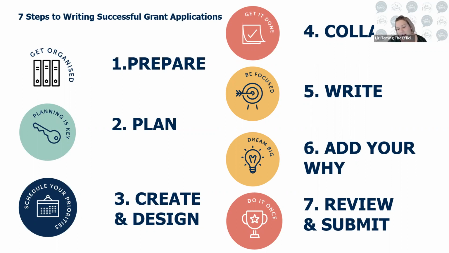So question there, yes, at what point do you follow up the result? Now, this is a good one. Quite often in the guidelines, it will say we're going to take 8 weeks or 12 weeks or whatever the period is to review them. Most of the ones I deal with are government, and sometimes they're not great at communication. You'll get an email to say you've submitted it, which will be an automated response from the system.